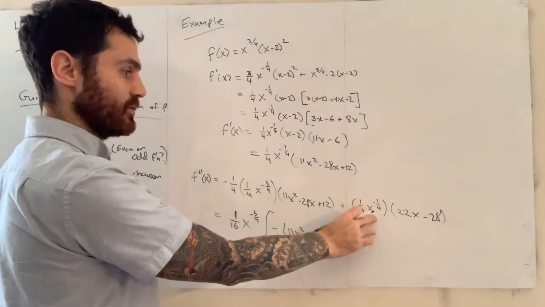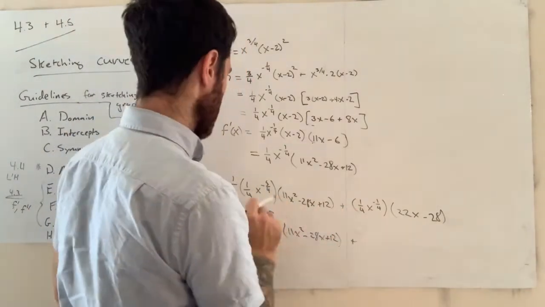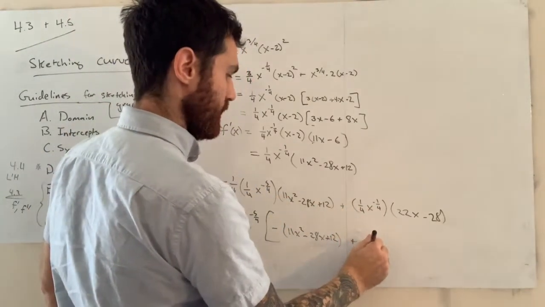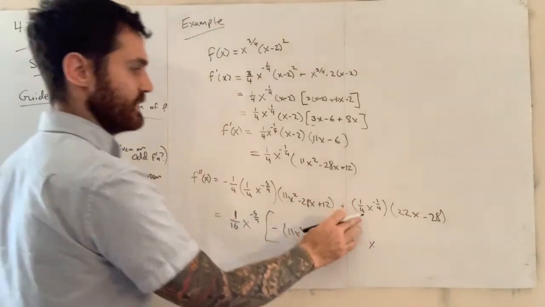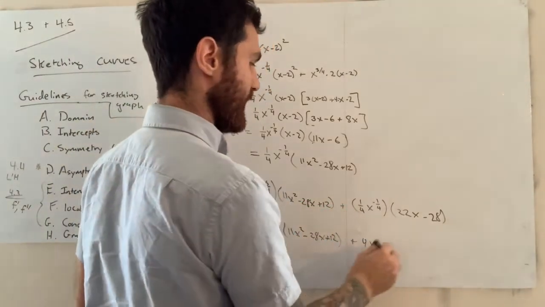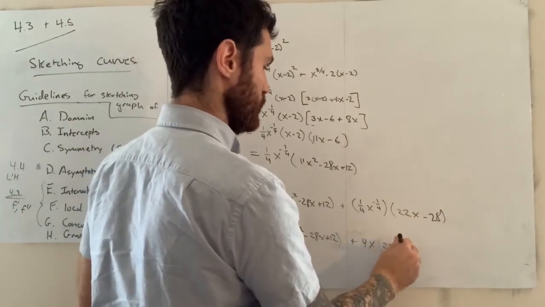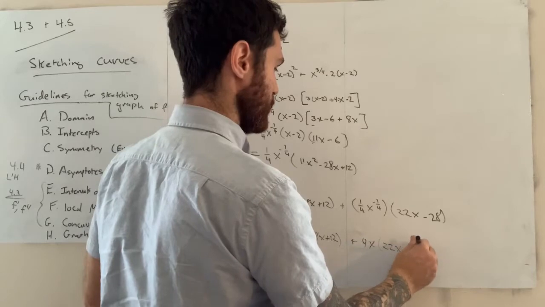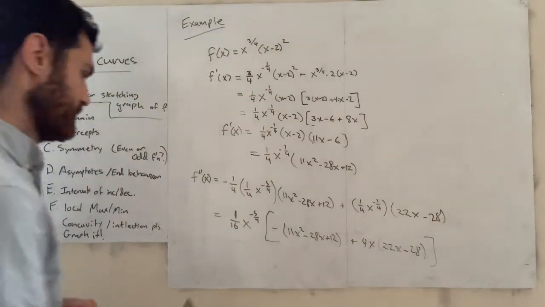That's going to counter that and give me just an x. And so I have x by itself. But since I took out 16 instead of 1/4, it's going to be 4x. And this is going to be 22x minus 28. And we'll simplify that all in a second.